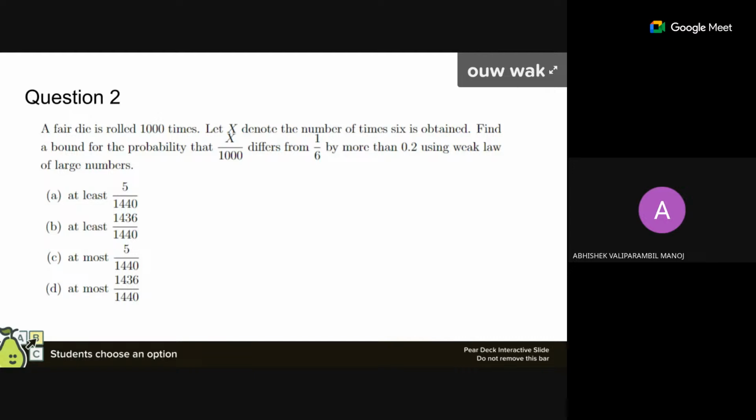That's your maximum limit, you can't exceed that. That is what we mean by upper bound. The probability that X by 1000 will differ from 1 by 6 by more than 0.2 is at most 5 by 1440. So your answer will be option C.